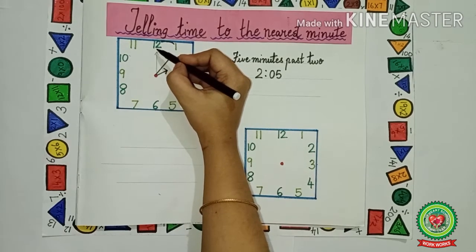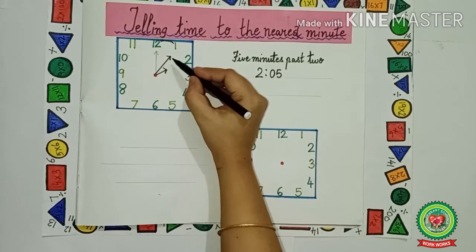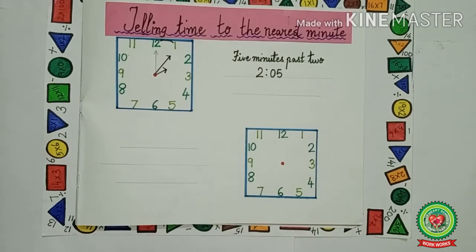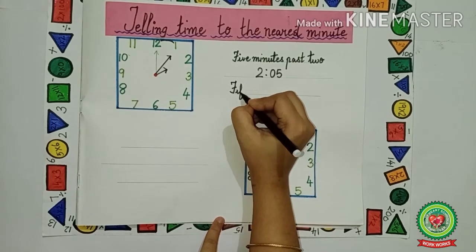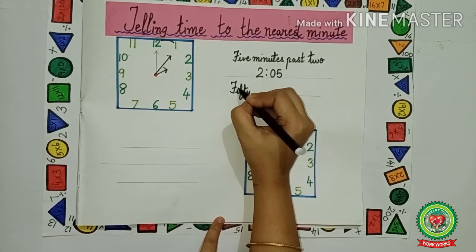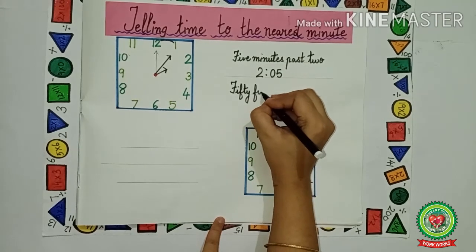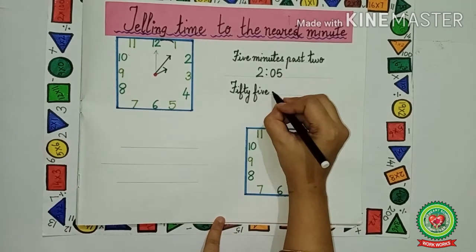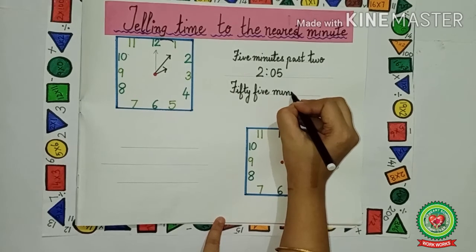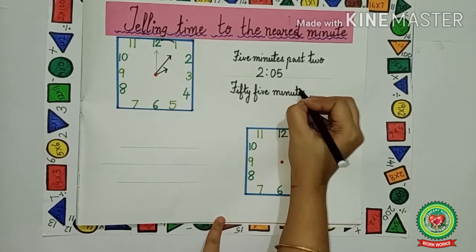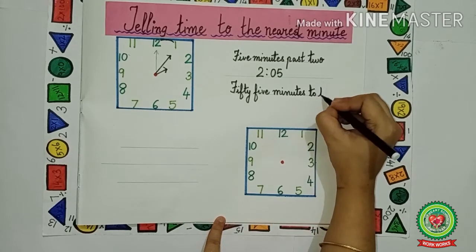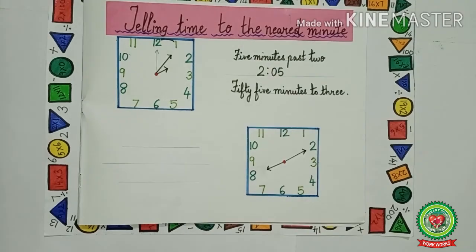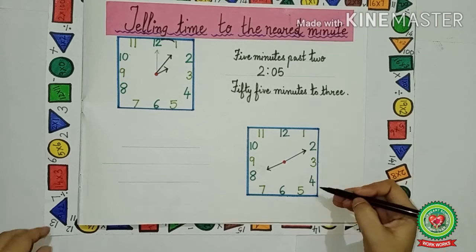That means 55 minutes are left to 3. So we will write 55 minutes to 3.